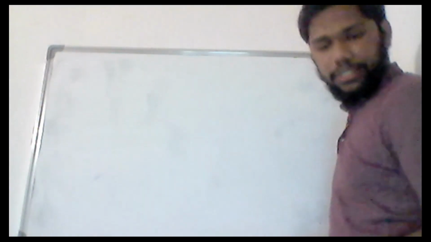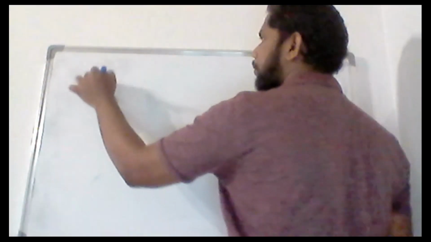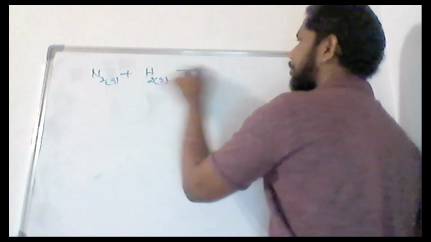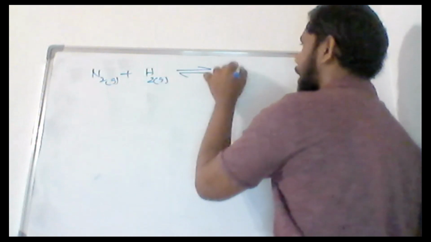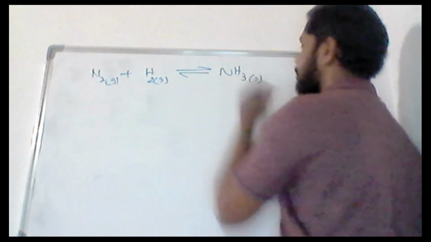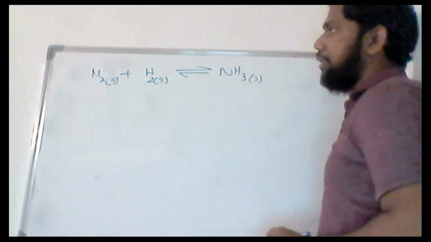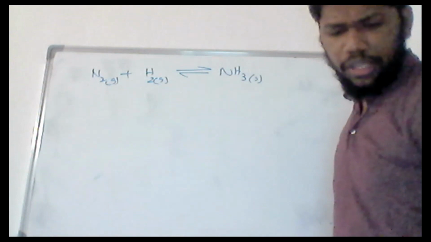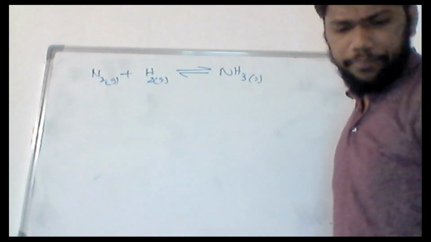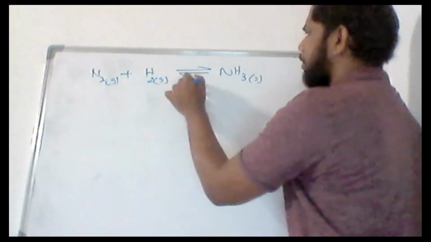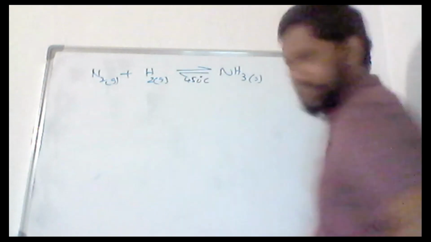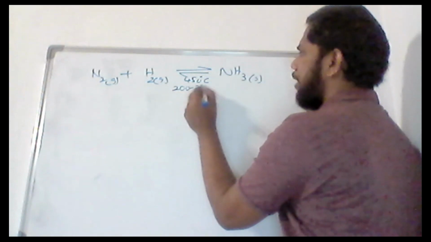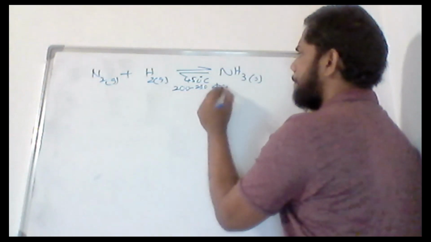these are important things, right? So you have N2 gas plus H2 gas, which forms ammonia gas. This is normally the Haber process that we do. The temperature is 450 degrees Celsius and 200 to 250 atm.